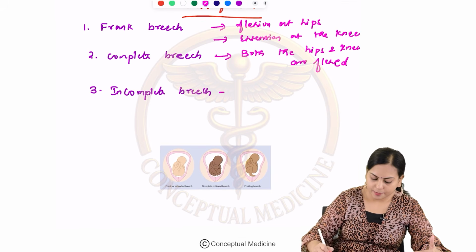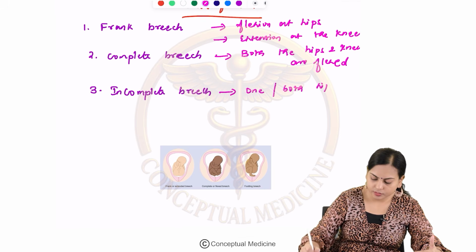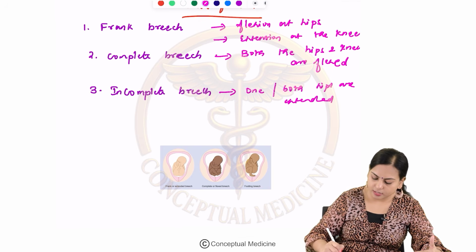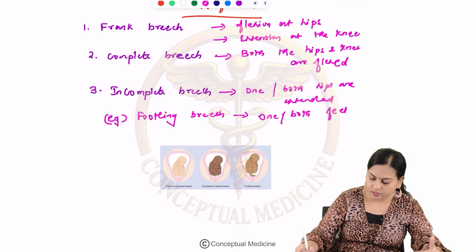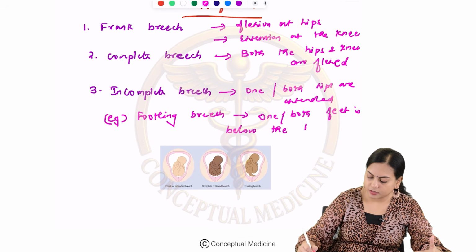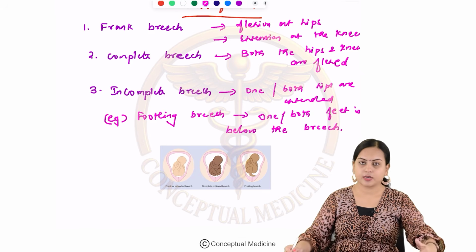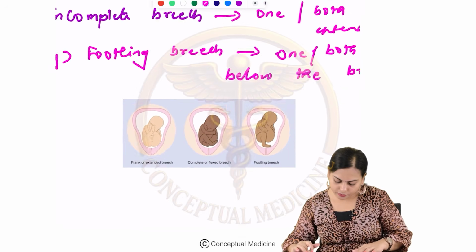Incomplete breech is one where one or both hips are extended, and here there is another special type, namely footling breech, where one or both feet are below the breech. Clear? So, these are the types of breech.